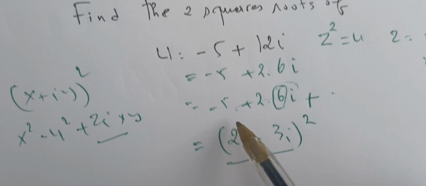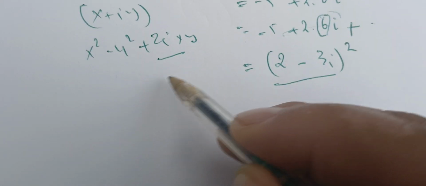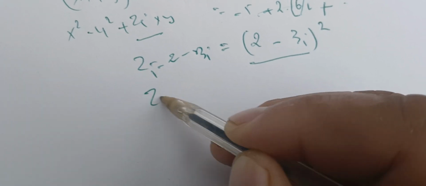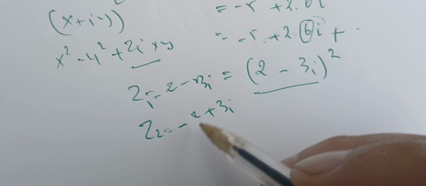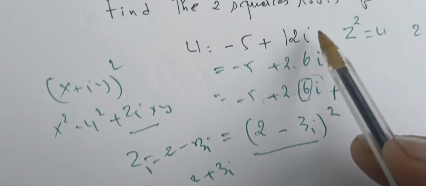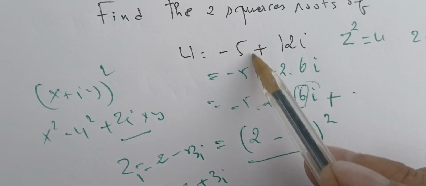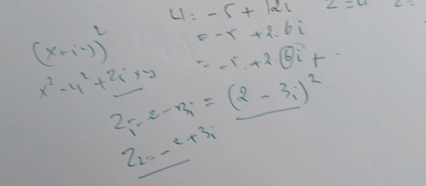So we know that z in this case is going to be 2 minus 3i, that's z1, and z2 is going to be minus 2 plus 3i. But we will proceed in a different manner, because it's not always possible to see this one and factor it as a square. We're going to proceed following the rules of algebra.